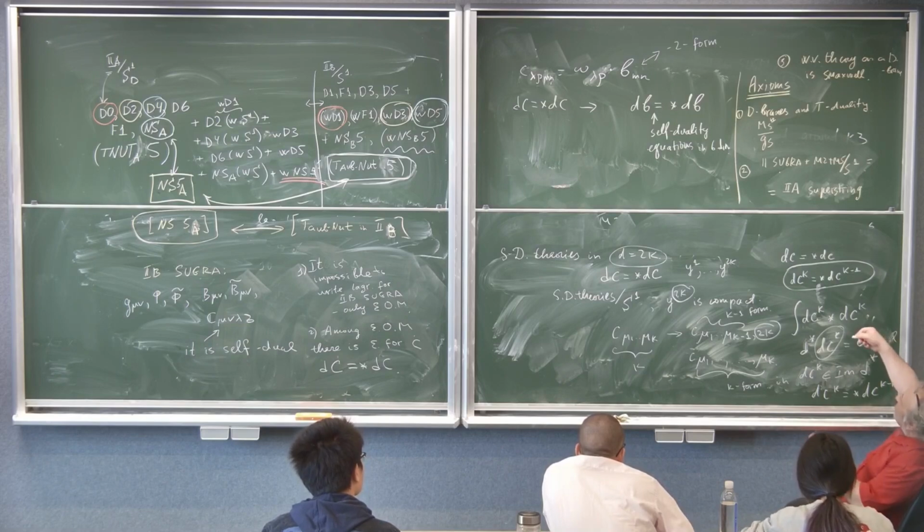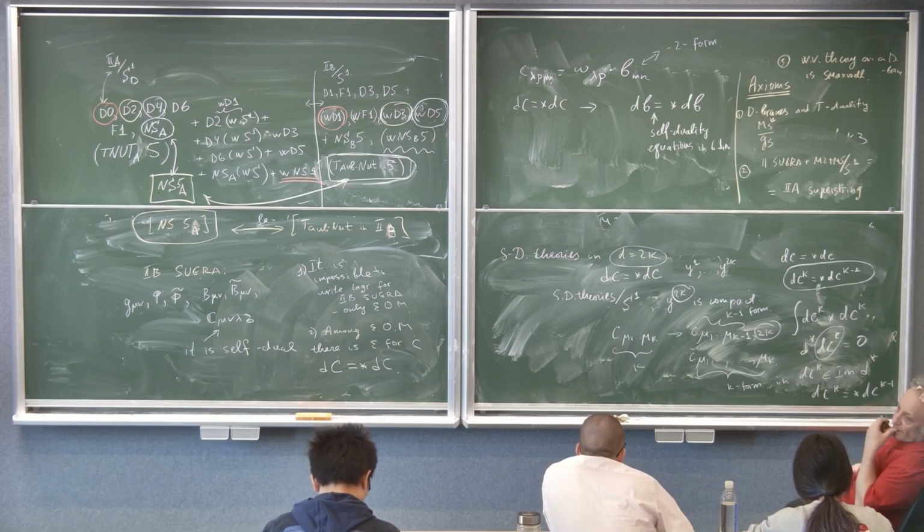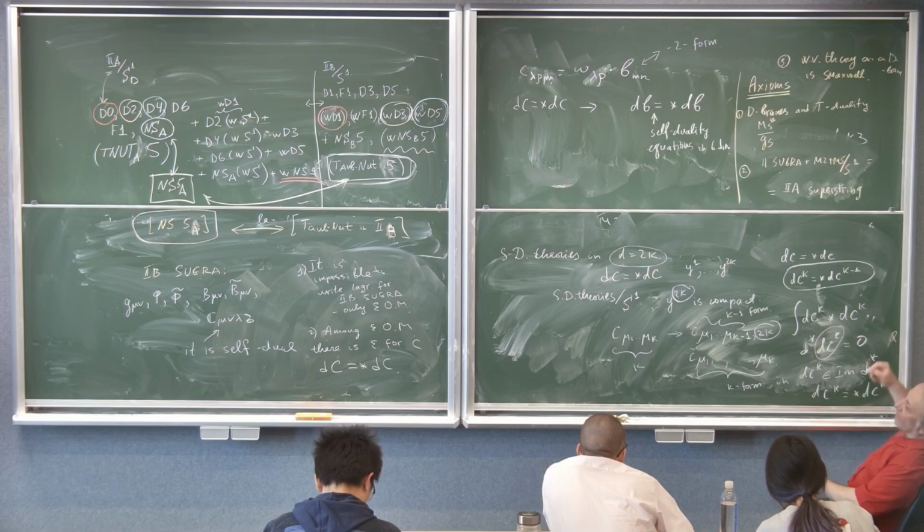So that's why compactification of the self-dual theory is not that terrible. It has a Lagrangian description. However, the uncompactified theory does not.